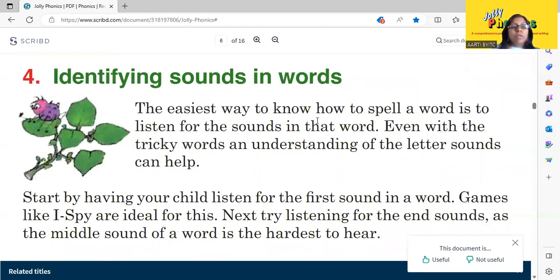Okay. So here is identifying the sounds in the words. When I say identifying the sounds in the word, the easiest way to know how to spell a word is to listen for the sounds in that word, right? If I'm saying any word, you must understand the sound, right?